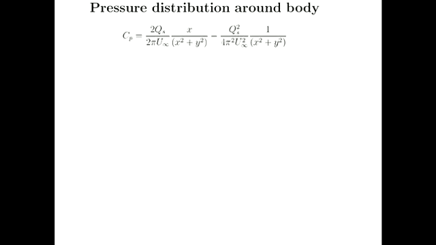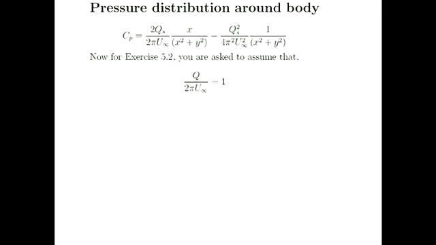If you look in your... Are any of you using the PDF notes that are on LMS? If you look in exercise 5.2 of those notes, you're asked to compute the pressure coefficient for a half-Rankine body. And you were told to assume that Q on 2 pi u infinity was just equal to 1, okay?